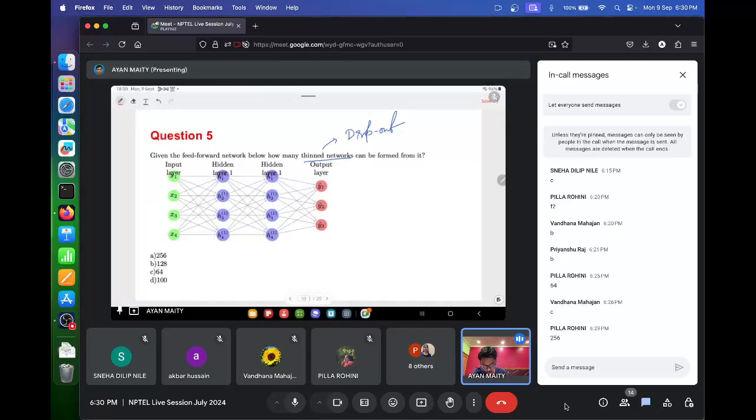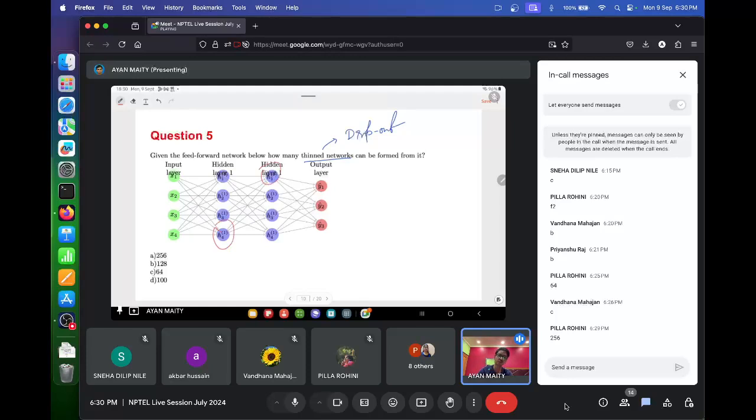For example, let's say in one thin network this is removed, this is removed, and this is removed. So these three hidden units are removed, and this becomes a thin network. In another thin network, possibly in the next iteration, let's say this one and this one are removed.